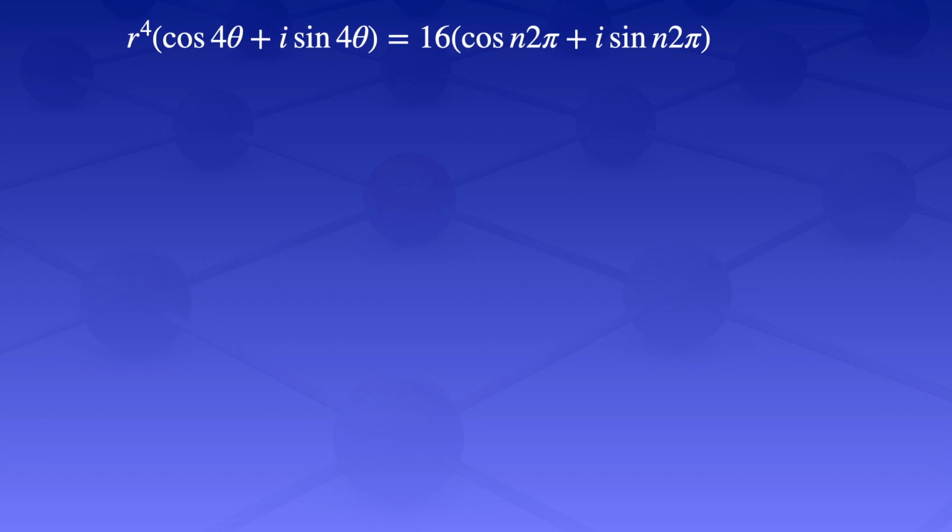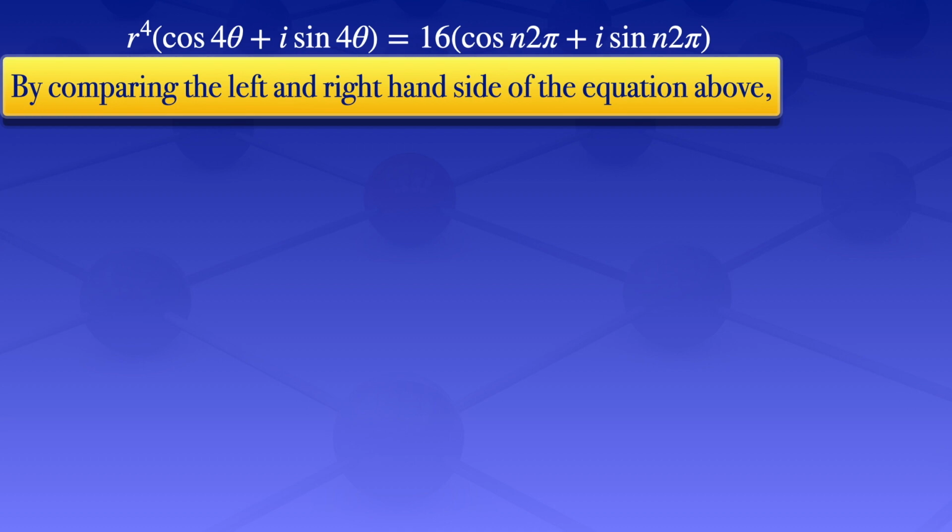What we now do is compare the left hand side and right hand side of this equation. Outside the parentheses, there is an r to the power 4 on the left hand side, and on the right hand side we have a 16. So by comparison, r to the power 4 is equal to 16, and solving for r, we get r is equal to 2.